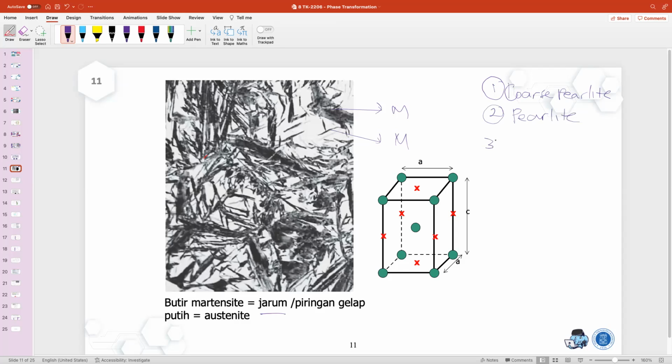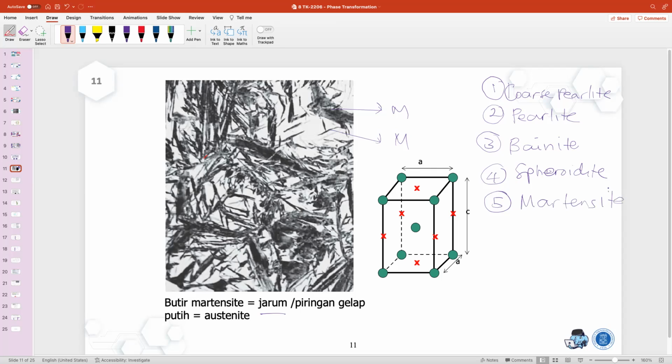Then we know there's also bainite, and if we heat treat the bainite at 700 degrees Celsius and wait for a long time, it's going to be spheroidite. And the last one, if we quench the austenite to room temperature, is called martensite.